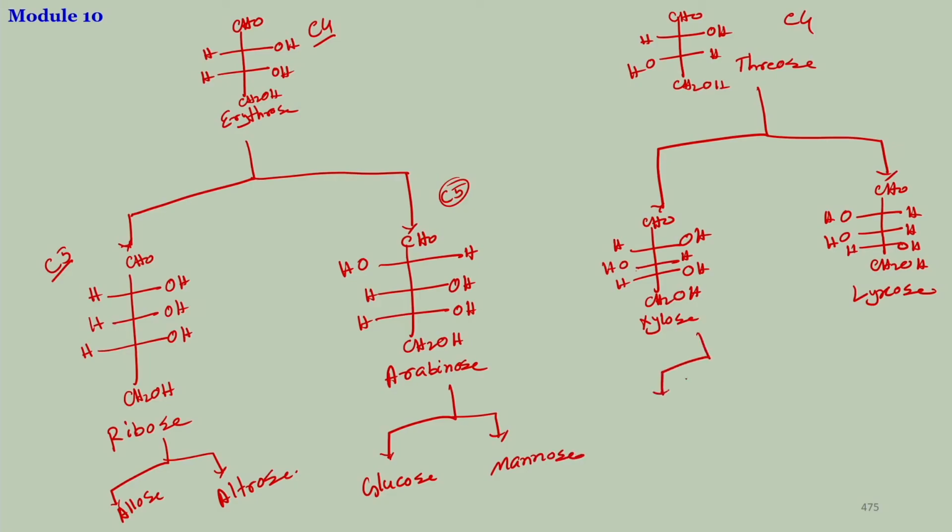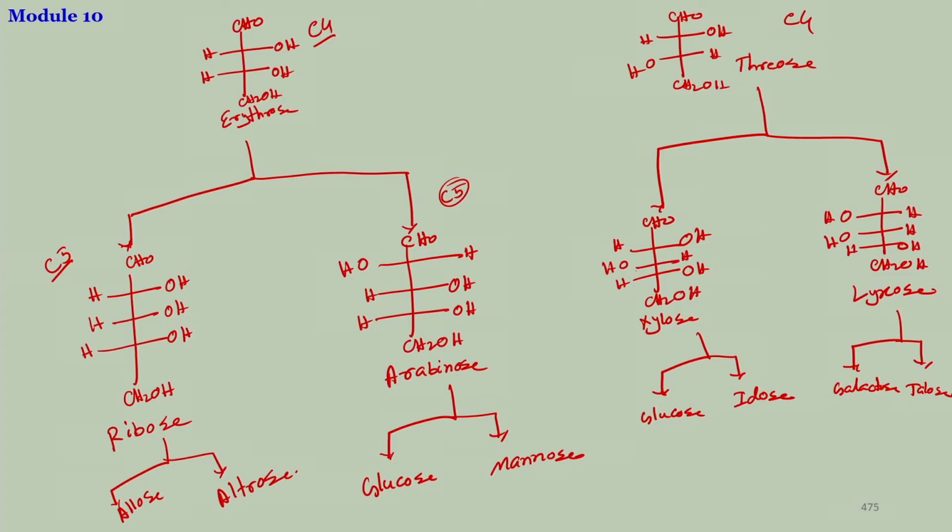From xylose you can again have glucose and idose. From lyxose you will have galactose and talose. Those are for the six carbons.